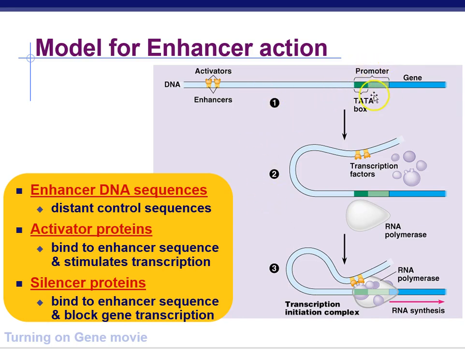Here's our promoter, the TATA box, the gene right behind it, but the enhancer, the little yellow squares, is way out in front of the gene. And then on top of it, these little circular-like structures are the activators. And then when they bind together, you can actually see how the DNA folds back on itself.